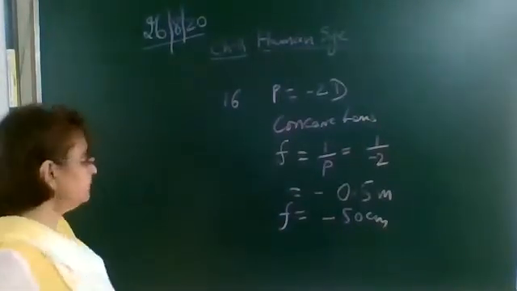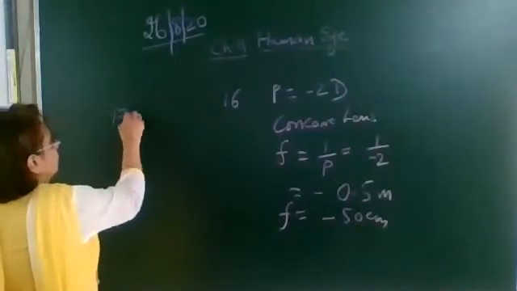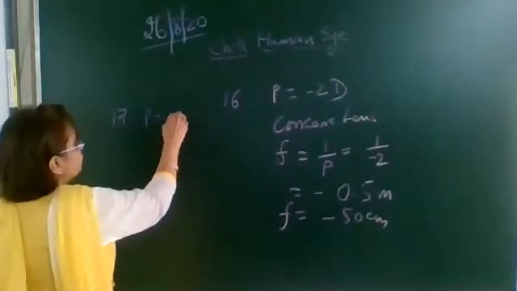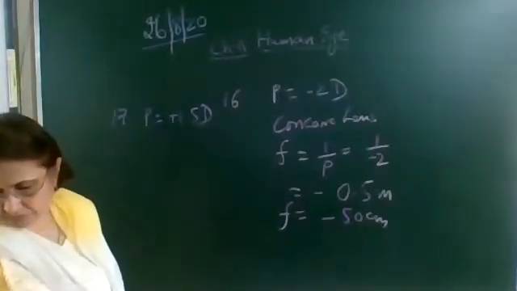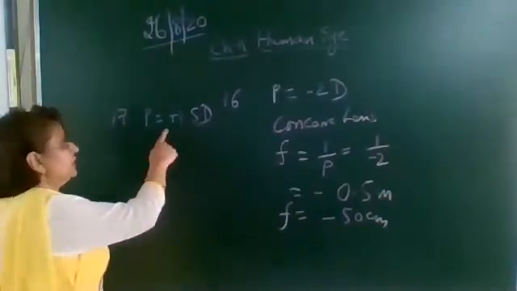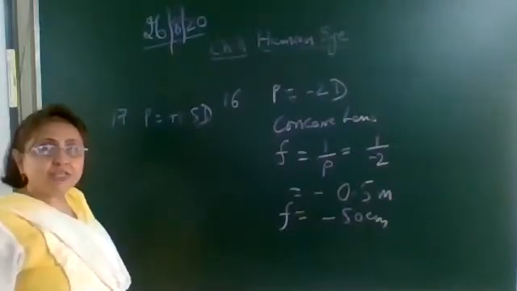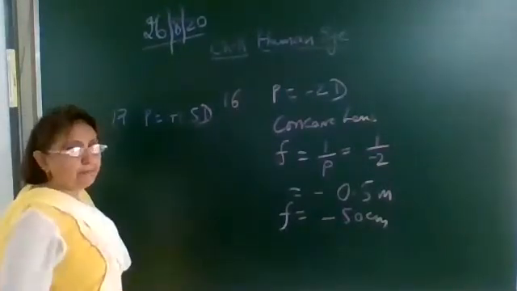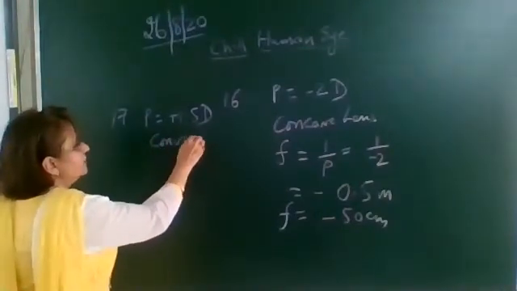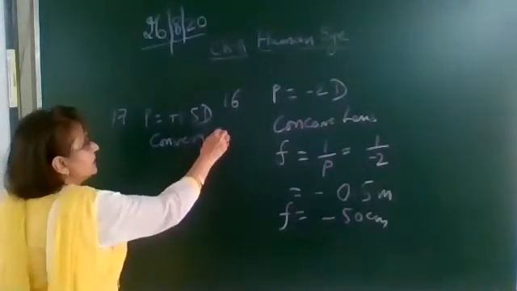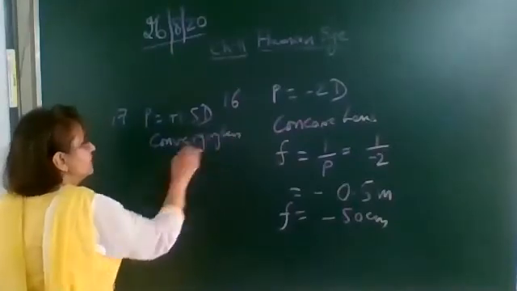Yes, done everyone? Here the power is given as plus 1.5D. Okay, first of all, is it converging or diverging? As the power is positive, so it is convex lens, and we know that convex lens is a converging lens. So it is a converging lens.